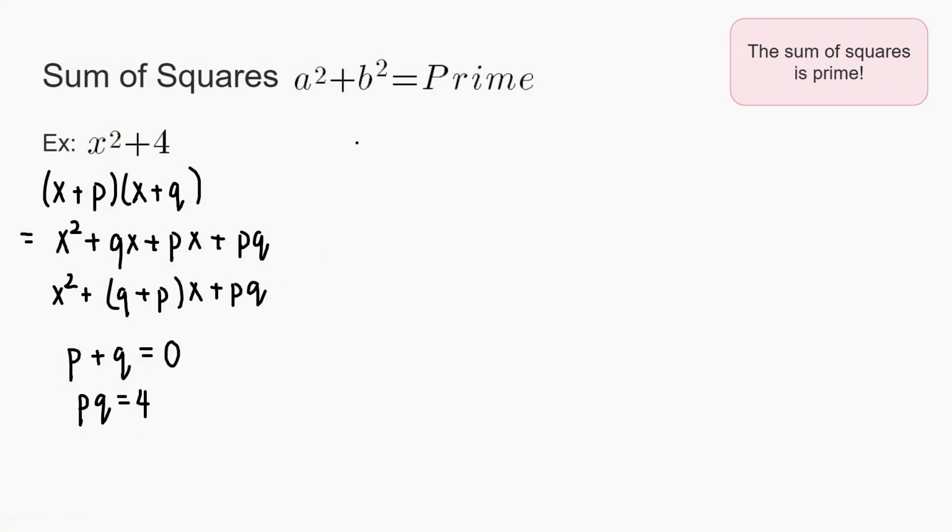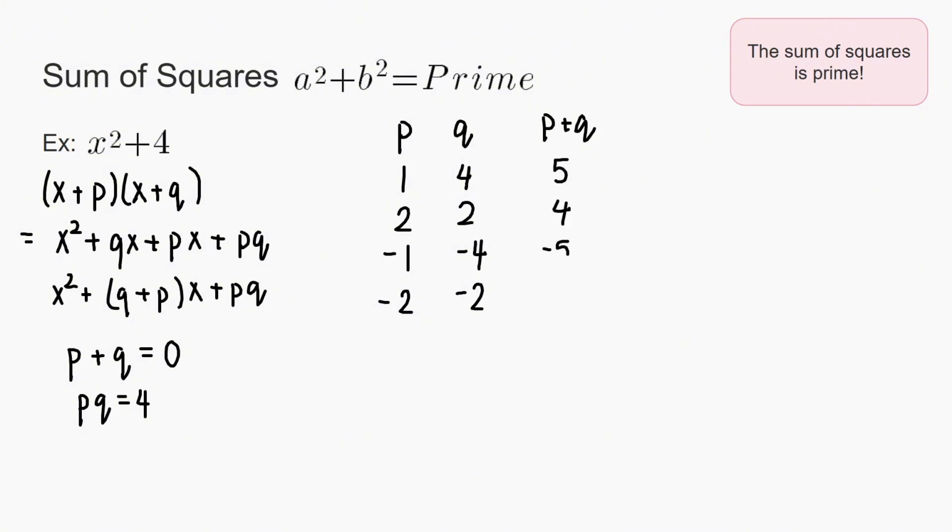So let's look at the factors for p and q. We have 1 and 4, and 2 and 2. It could also be two negative numbers, so let's write those as well. Now let's see whether any of them sum to 0. 5, 4, -5, -4. As you can see, none of them sum to 0, so it can't be factored.